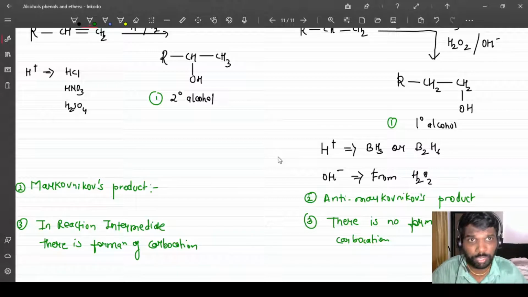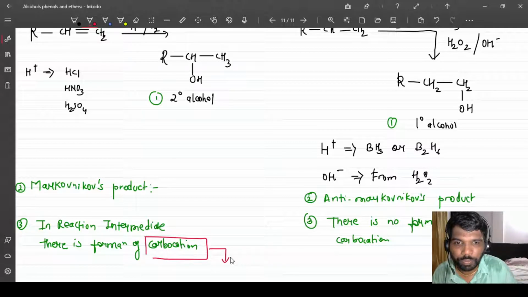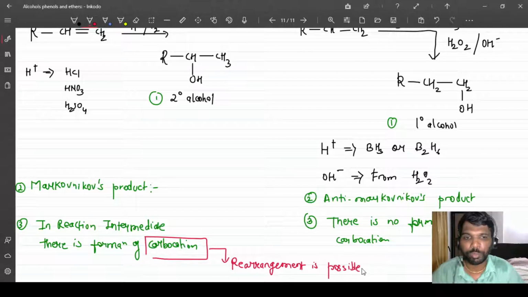Remember, students, whenever there is a formation of carbocation, there is always a possibility of rearrangement.